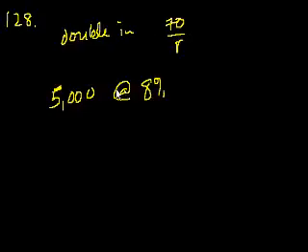Okay, so let's see. It doubles every 70 divided by R years, where R is 8. They gave us that information, so let's try to use it. How long does it take to double at an 8% rate?